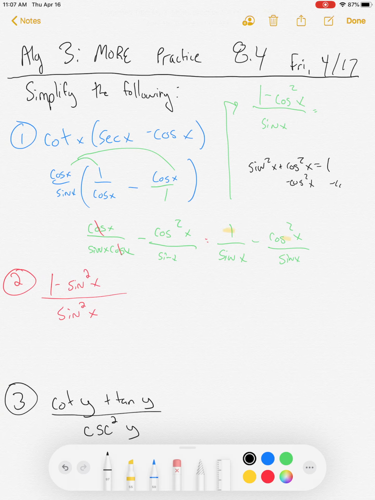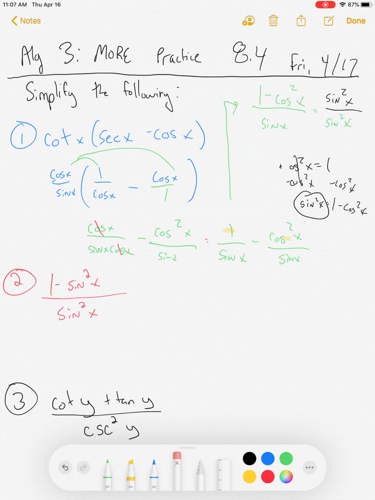If you minus cosine squared x, you end up getting sine squared x equals 1 minus cosine squared x. So this whole top portion reduces to this. So I get sine squared x over, the denominator is still the same, sine squared x.